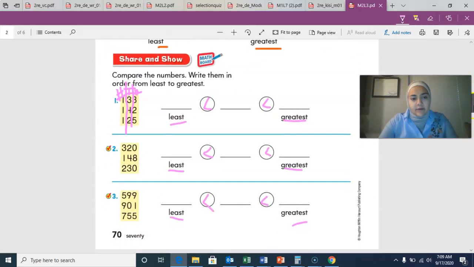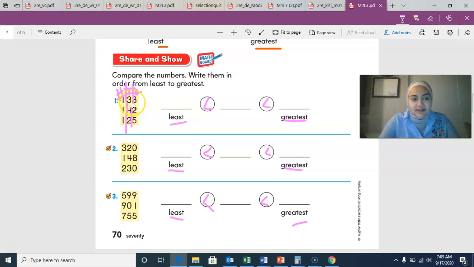Okay. Now, we compare the numbers. We start by looking in the hundreds place, and we're looking for the smallest number first, okay? The hundreds places are all the same. In the tens place, we have 3, 4, I'll make sure that's a 4. Yep. We have 3, 4, and 2.